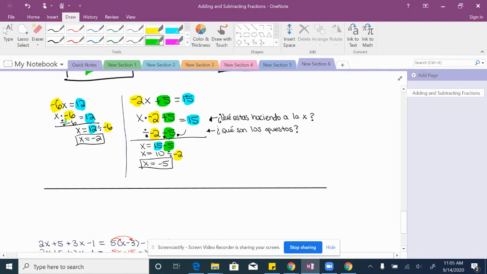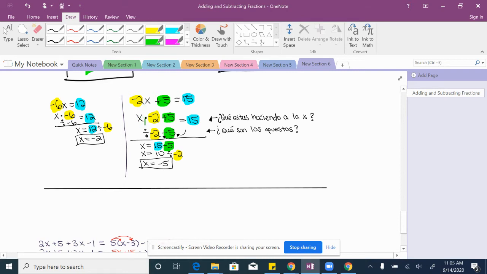So we start with the result and then we divide by negative 6. On this side, we do the same thing.